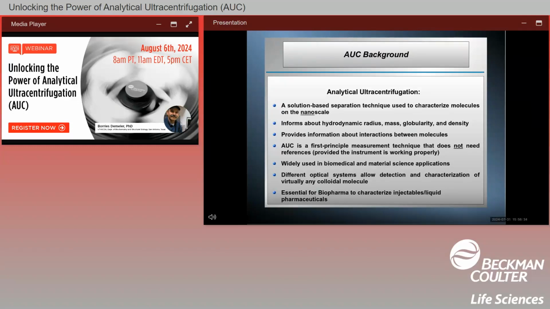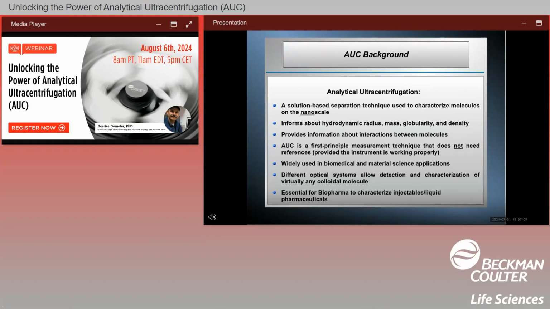AUC is a first principle measurement technique that does not require references, provided the instrument is working properly, which we confirm by using molecular standards and calibrations that assure us that the instrument is working. So unlike gel electrophoresis or size exclusion chromatography or mass photometry, you do not need a reference to make sure that your sample is actually measured correctly.